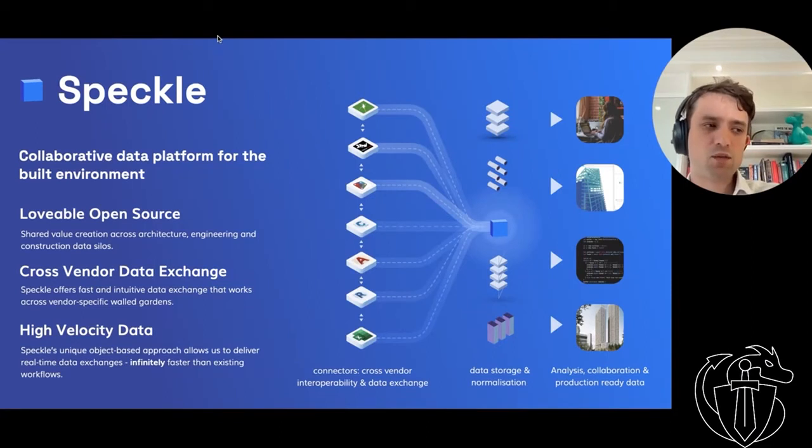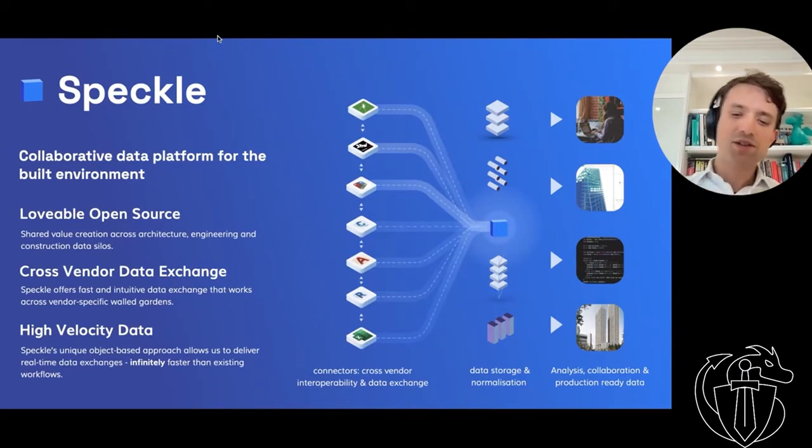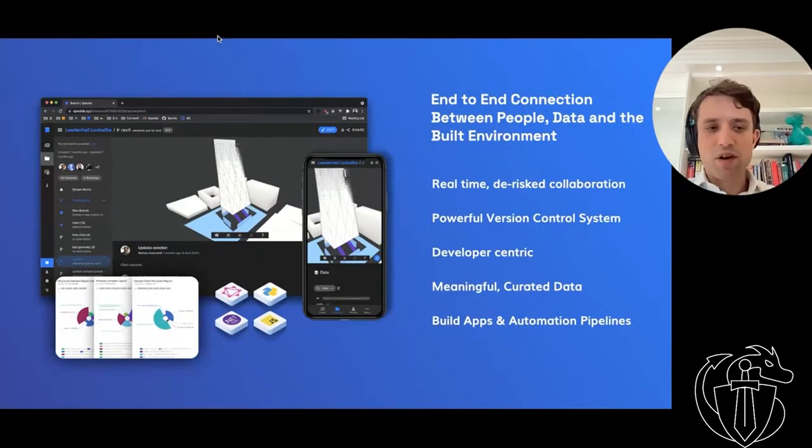And how Speckle works, what it offers as a basis, is a cross-vendor interoperability and data exchange layer. And in the process of enabling this, Speckle stores this data and normalizes it in its own transparent way. And thus, it also puts it out there for various things that we never imagined people would do, like analysis, collaboration, and a lot of apps can be built on top of Speckle that power, for example, security door analysis in data centers.